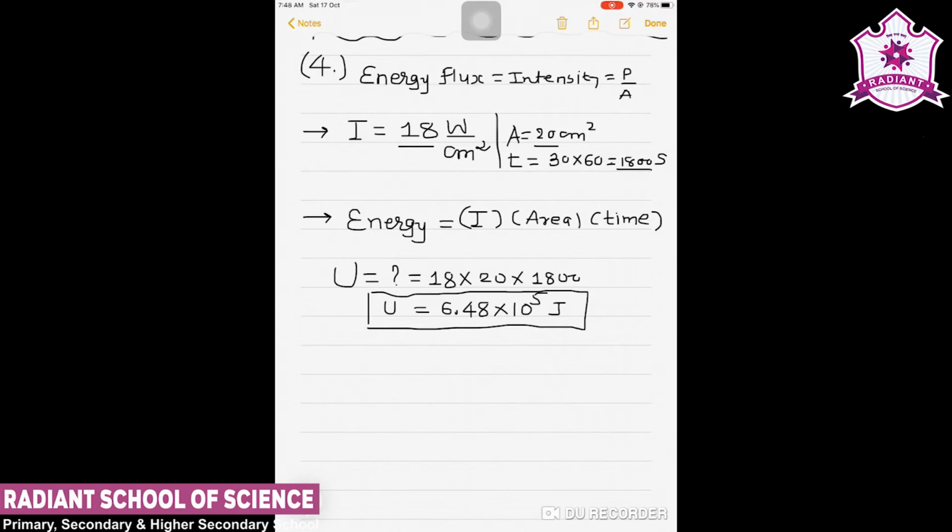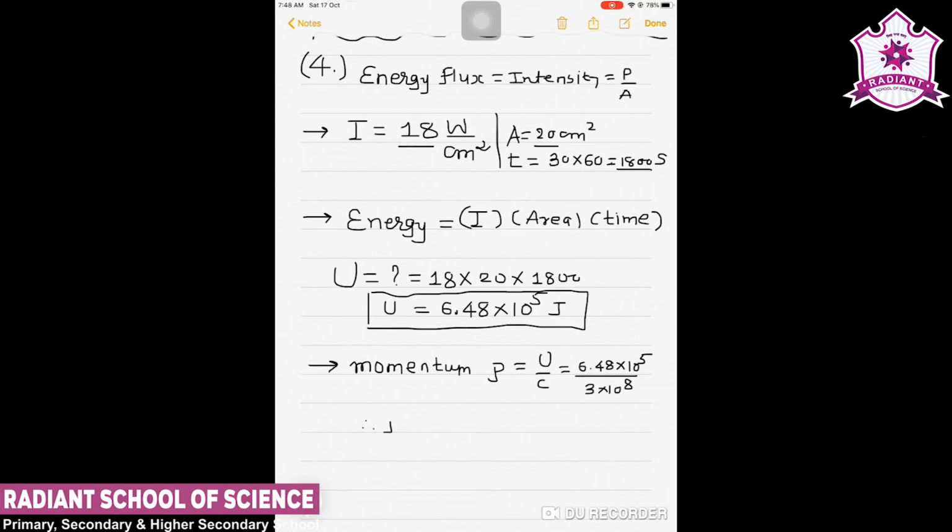Now we know that momentum P is equal to U upon C, that is 6.48 into 10 raised to 5 upon 3 into 10 raised to 8.